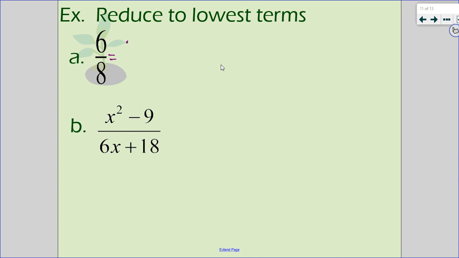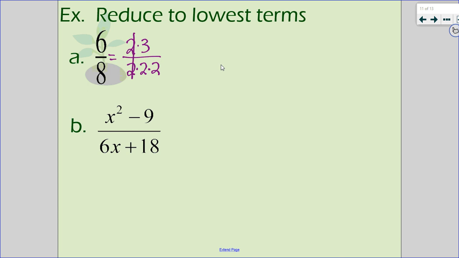So 6 is 2 times 3 if I factor it into prime numbers. 8 factored into primes is 2 times 2 times 2. 2 times 2 is 4, 4 times 2 is 8. So dividing a 2 out is exactly what you're doing if you cancel the 2's.